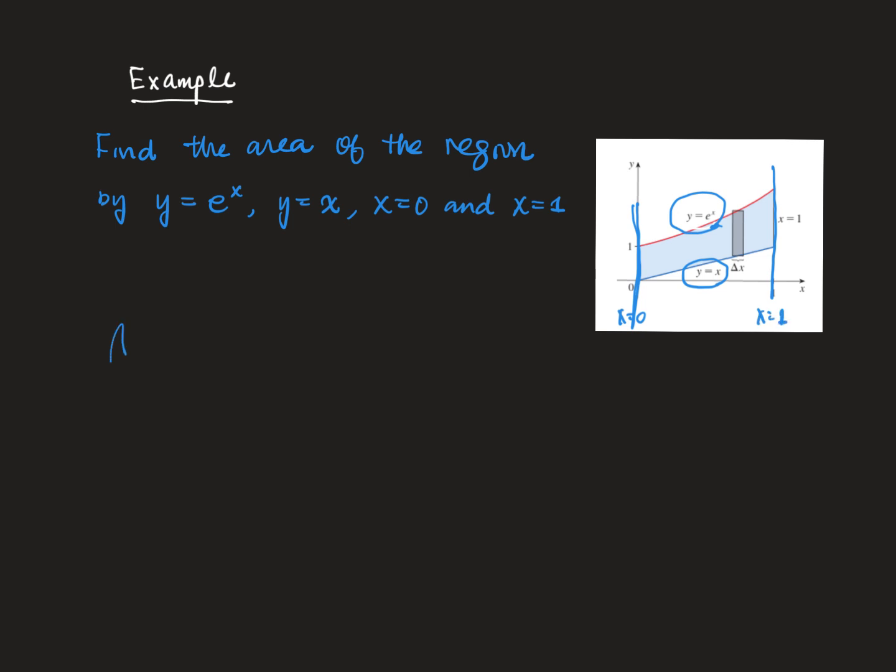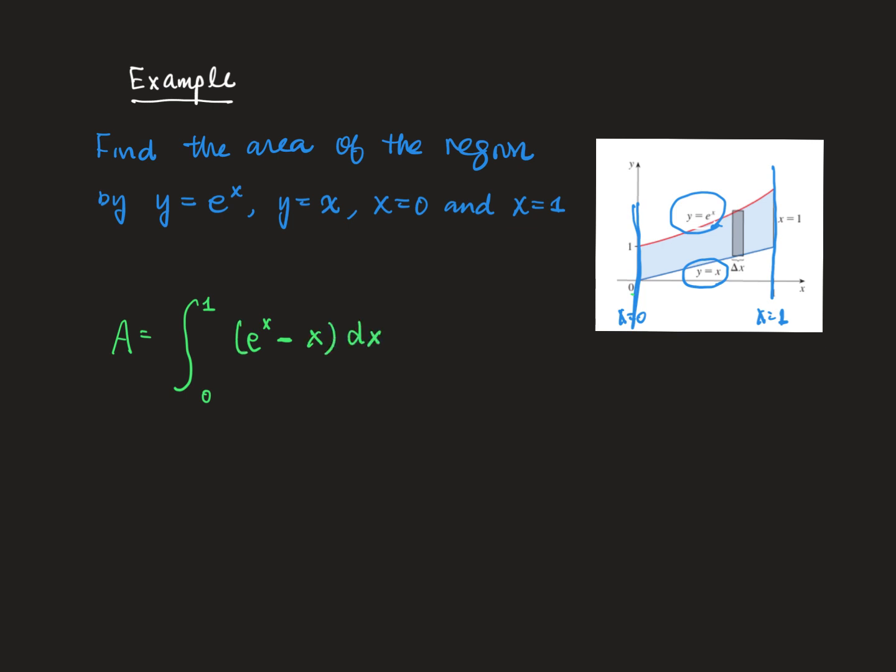The area is going to be the integral, start point 0, upper bound 1, of the upper curve e to the x minus the bottom curve x, and the base is dx.